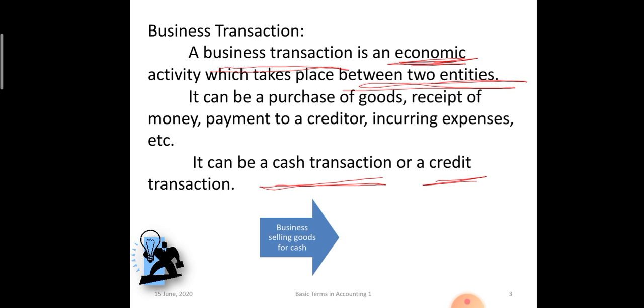A business selling goods for cash is an example of a business transaction. The same effect will be recorded by the customer, like the customer is buying goods for cash. All these are business transactions.